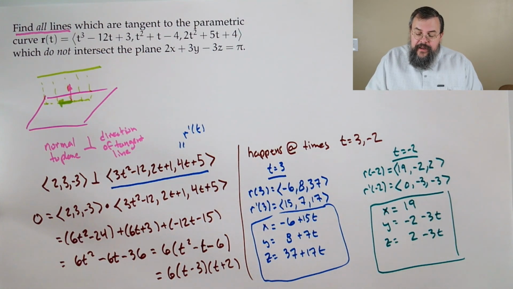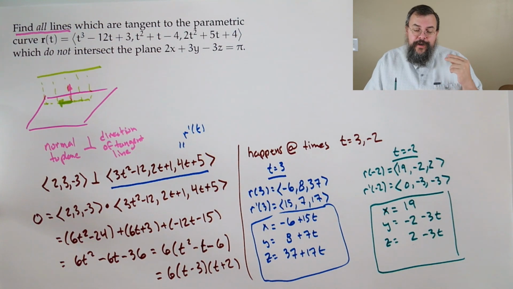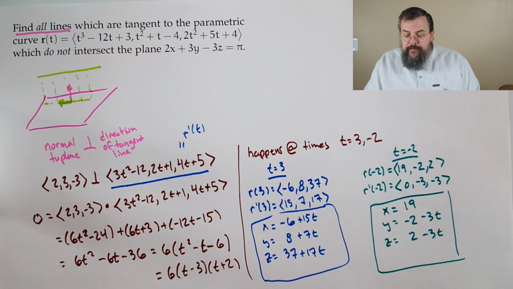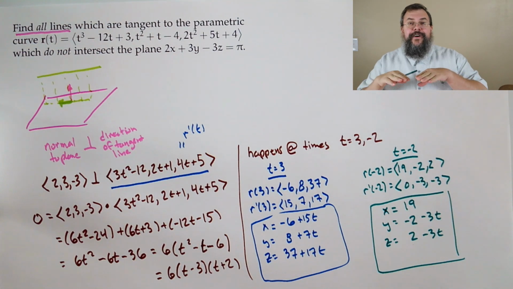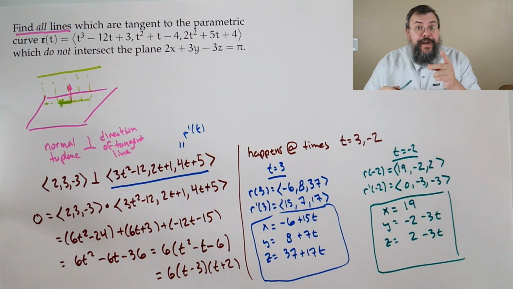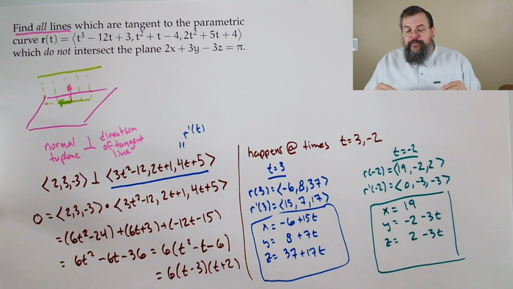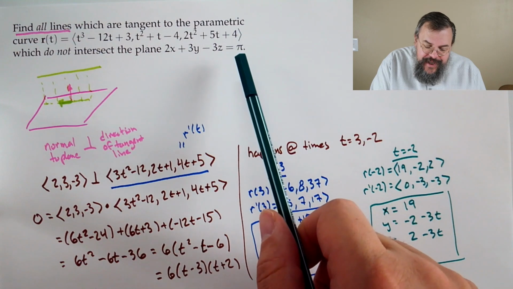That's it. And these are all of the lines. There's two of them, which are tangent to the parametric curve, and they don't intersect the plane. Now, you might say, technically, don't we have to do one more thing? It's possible that we've actually found a line that's in the plane, which definitely would intersect. But that's not going to be the case because pi is such a weird number.